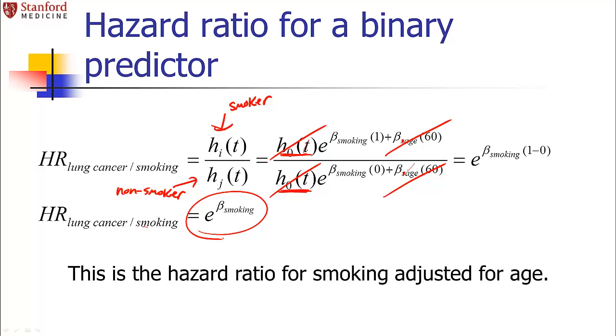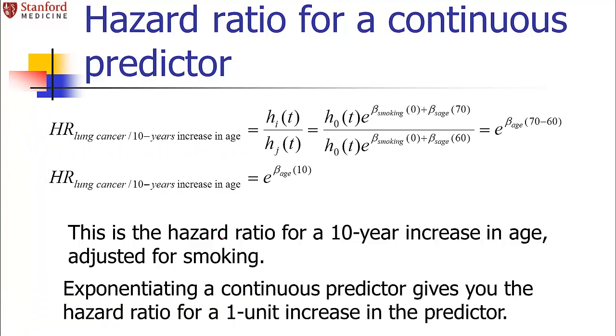Just to remind you that we can get hazard ratios for continuous predictors as well. So if I wanted to look at the hazard ratio for age adjusted for smoking, from that same model, how would I get the hazard ratio for age? Well, again, I want to compare somebody who's older to somebody who's younger. So this would be the hazard for somebody who's older divided by the hazard for somebody who's younger. If I assume that they have the same underlying baseline hazard function, I can cancel them out. I don't need to bother to estimate them.